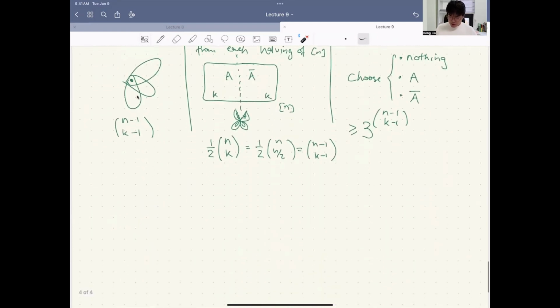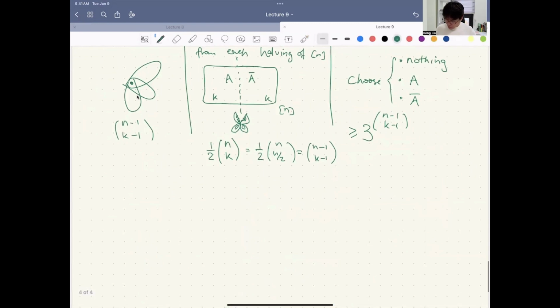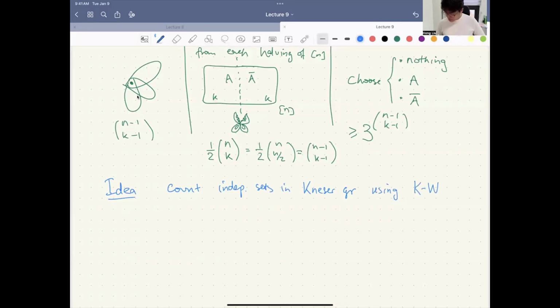So let's write down the idea. We're going to count independent sets in the Kneser graph using the Kleitman-Winston graph container.